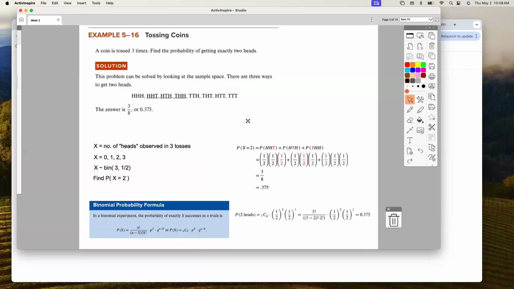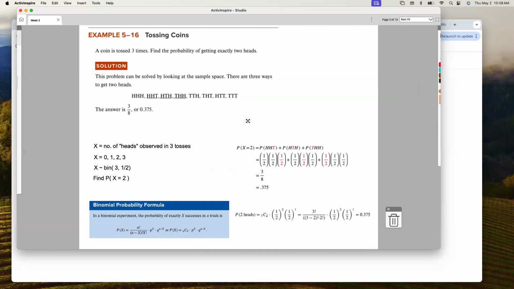Here's an example, a classic one, tossing coins, because now that we have these binomial experiments, we're going to find probabilities of certain outcomes. So if we get back to the heads or tails and look at the sample space, we want to know the probability of getting exactly 2 heads.